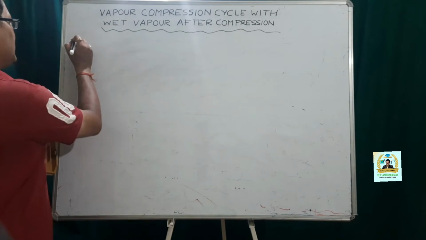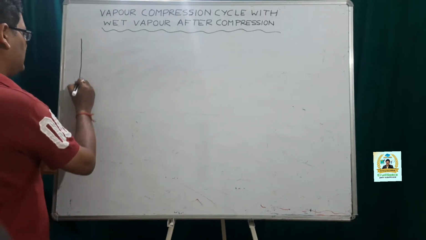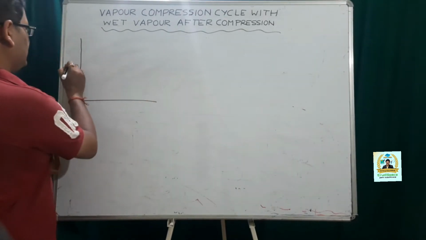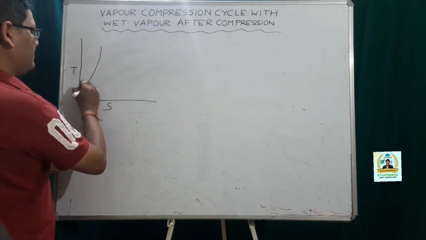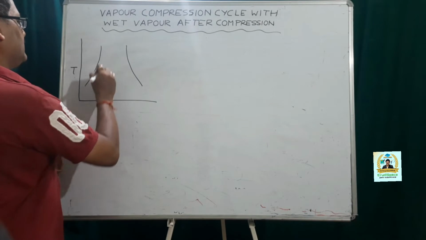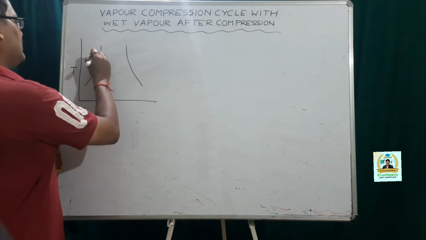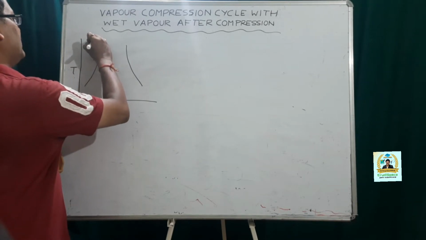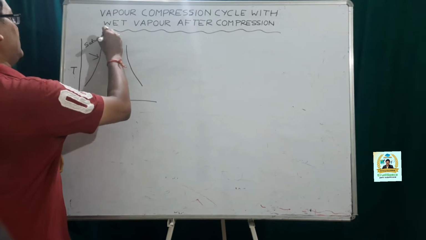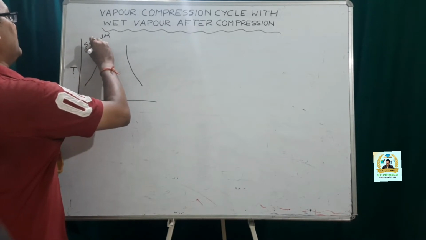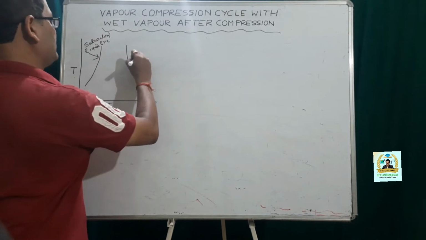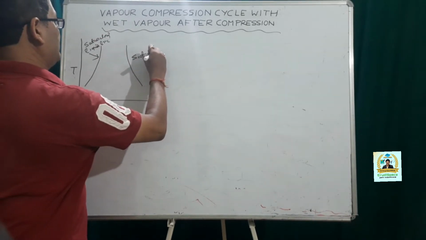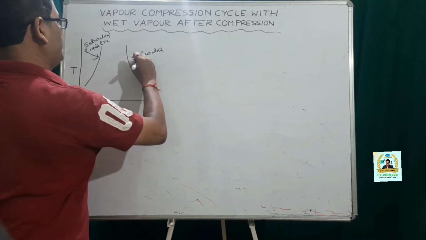So first I will draw the TS diagram or temperature entropy diagram. This is your saturated liquid line and this is your saturated vapor line.